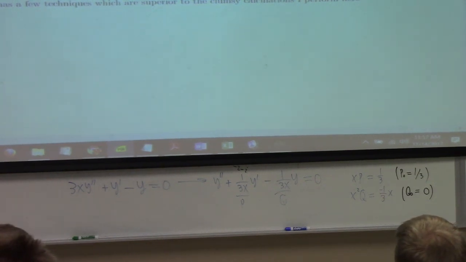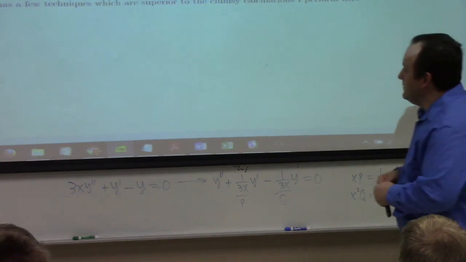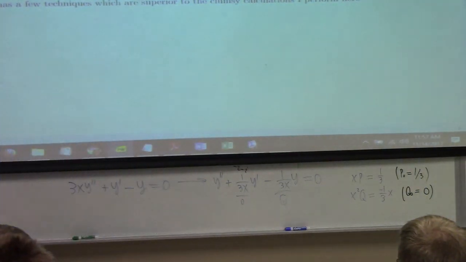So the 0th term is just 0. So when I go to calculate the indicial equation here, the q doesn't figure into it. Just the p. Okay. You can hit the lights again.